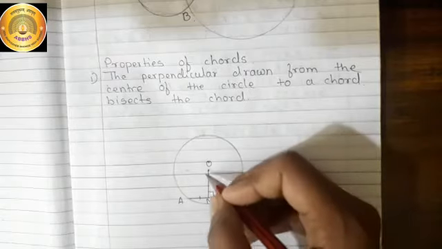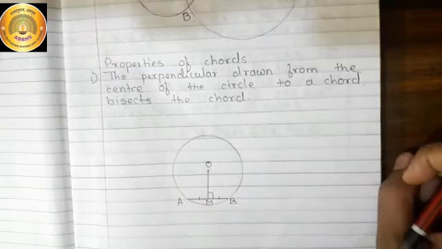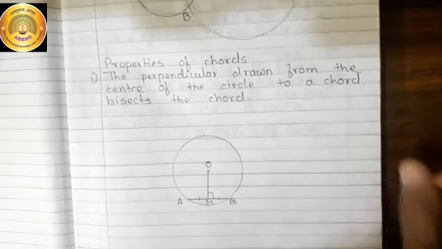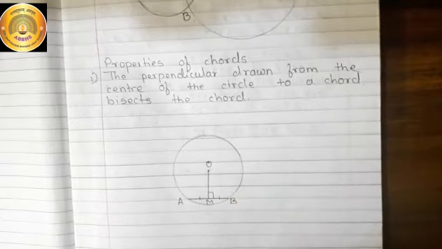Bisects means chord AB is divided into two equal parts, AM and MB. So this is the first property of chord. Now let's see the second property.